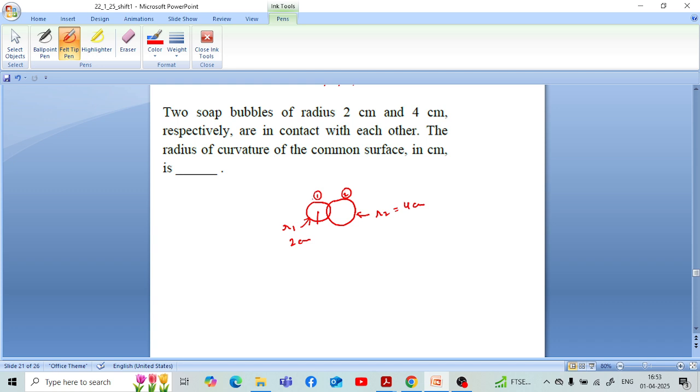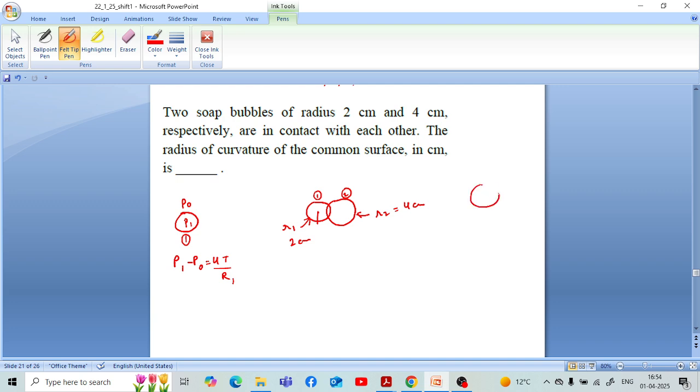This excess pressure depends upon the surface tension. For bubble 1, the pressure inside is P1 and the external pressure is P0. So the excess pressure is given by P1 minus P0 is equal to 4T upon R1. Here T is the surface tension, R1 is the radius of this particular bubble.